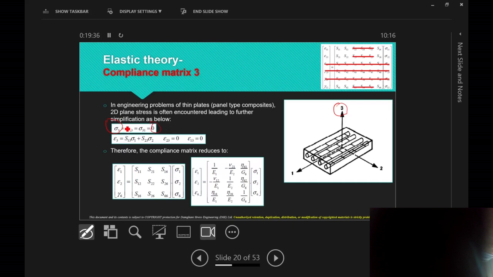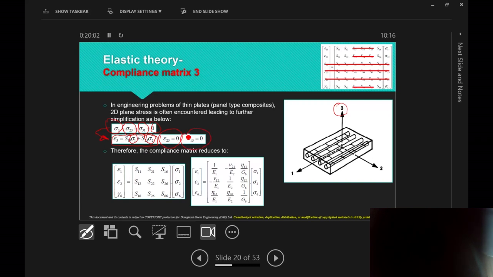As a result, shear stress in the 2-3 plane and 3-1 plane is also 0. This leads to the fact that strains in 3, or how much it shrinks or elongates through the thickness, are only dependent on stresses in the 1 and 2 direction, and the shear strains also become 0 as a result of shear stresses being 0.